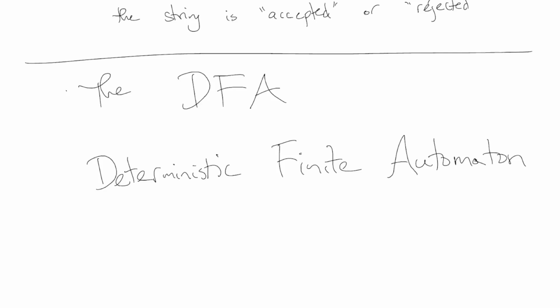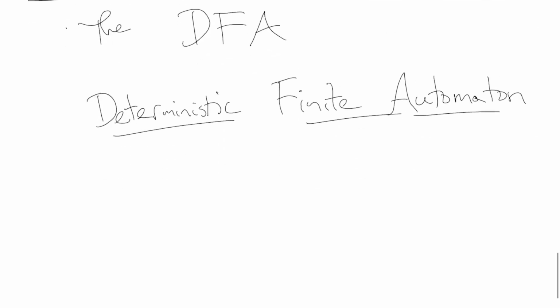So maybe we'll just try and say what these three words mean. Deterministic means basically no randomness in this machine. Another way of saying that is if you give the machine some input, it will always do the same thing with the same input. The idea, remember, is you give a string to the machine and it tells you if the string is valid or not. And if you give it the same string twice, it's going to give you the same answer twice.